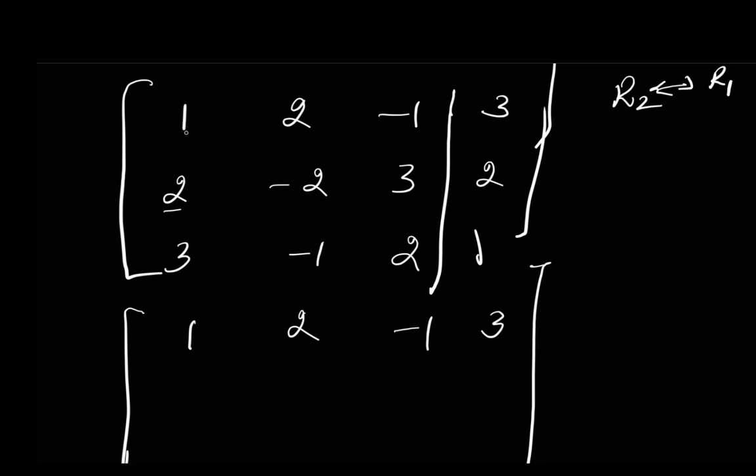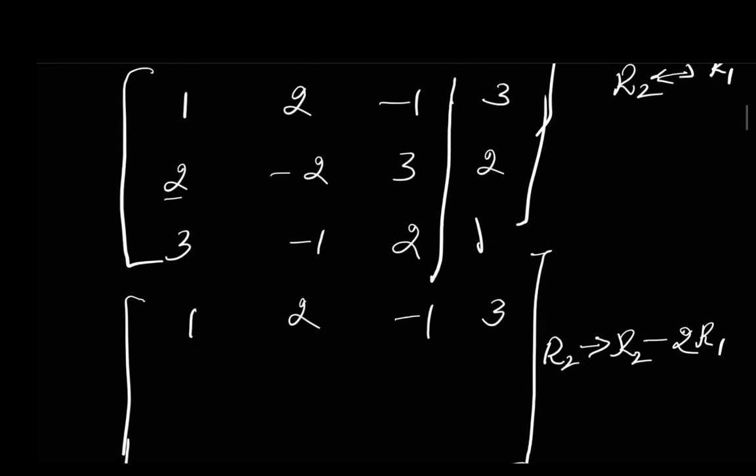So when I make this 1 as 2, that is multiply 1 by 2, 1 twos are 2, and subtract it from R2, 2 minus 2 is 0. What I do, I multiply R1 by 2 and subtract it from R2. So that is our new R2 row.